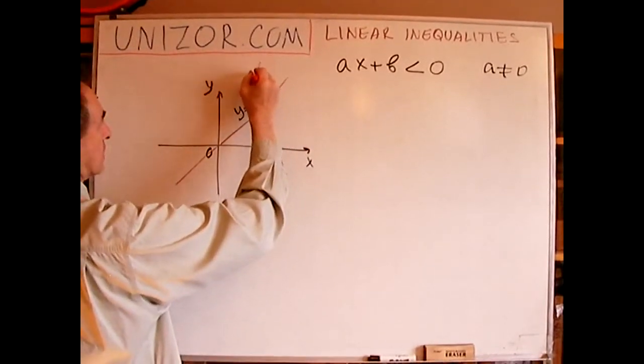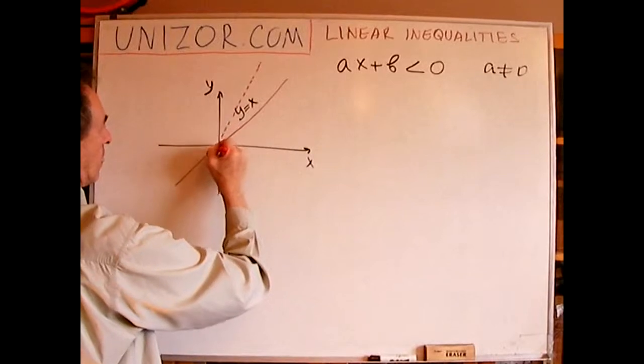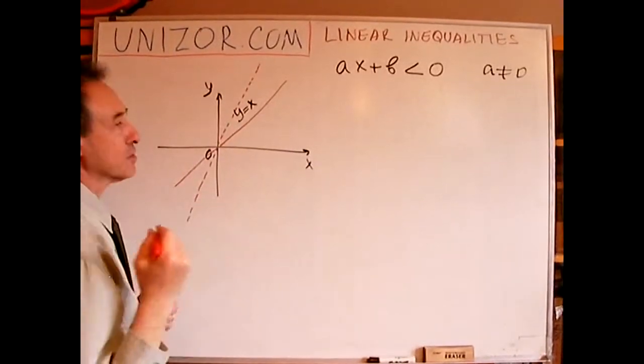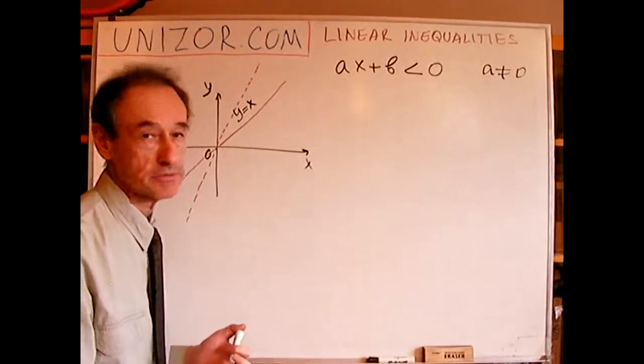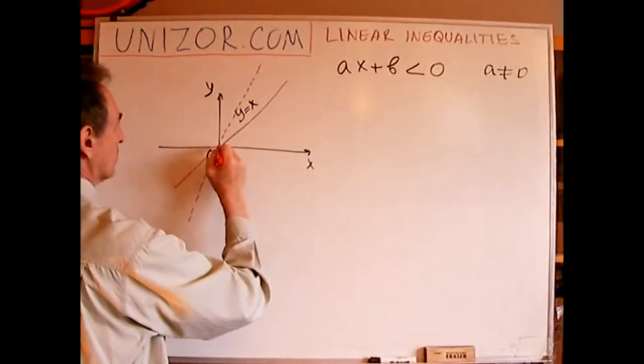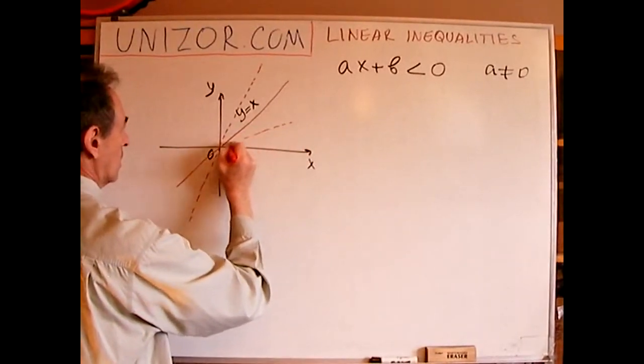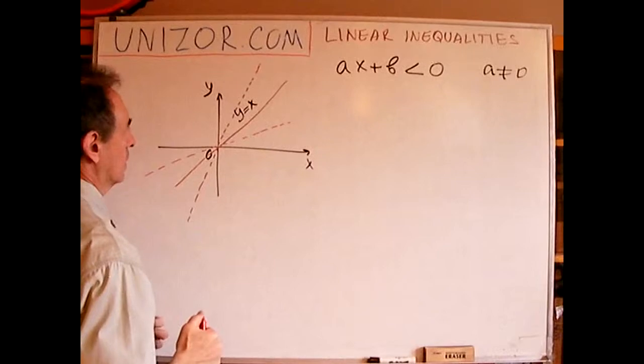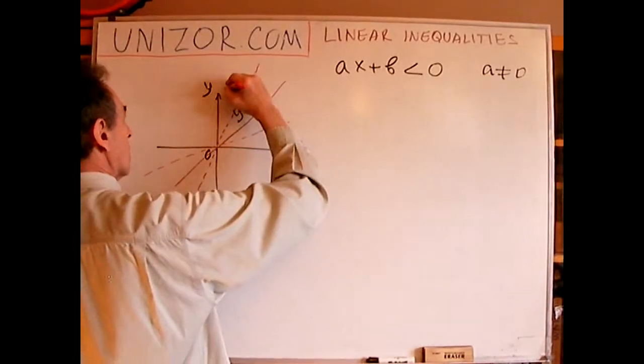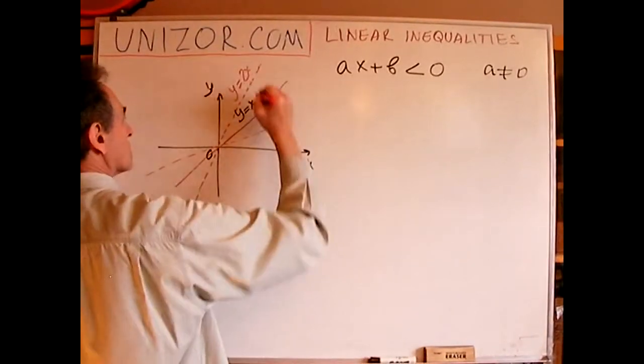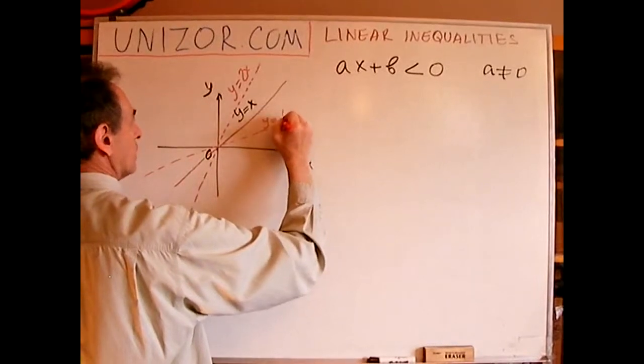So it will be something like this. If you multiply it by, let's say, 1/2, it will be shorter by half. So this is y equals 2x, this is y equals 1/2 x.